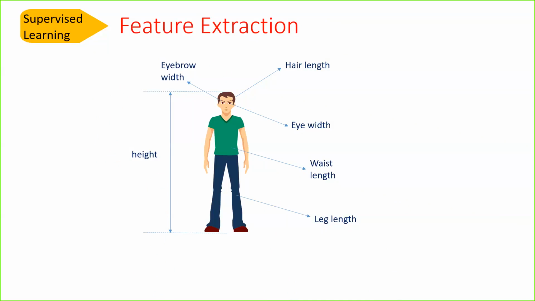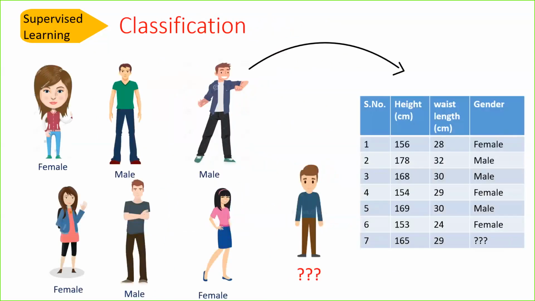To simplify the problem, let us just take only two features, height and waist length. So each image can be represented with these two features. Now this data is converted to numerical format. These are the features describing the image, and this is the corresponding target value indicating the label of the image, the gender of a person.